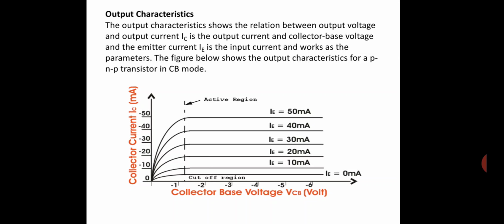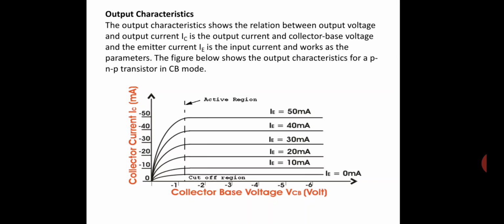When input current IE is increased to 10 milliampere, then collector current increases in active region, and after that output current saturates. When input current is increased further, then output current also increases, and after that it saturates.